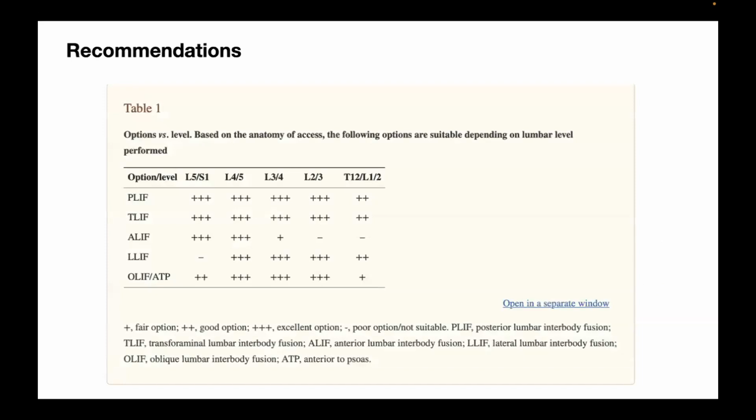Various studies have compared the options and levels, and based on the anatomy, the following options are suitable depending on the lumbar level performed. Posterior lumbar interbody fusion is better accessible at L5-S1 or L4-5 or in the lower lumbar regions. Same as it is with the transforaminal approach.